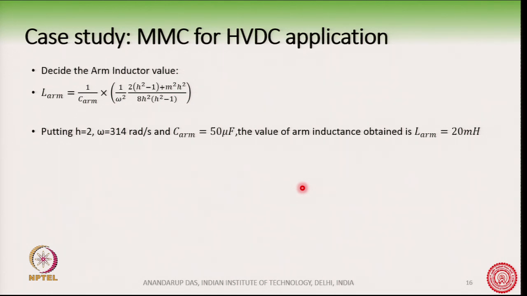So, this is how we design the arm inductance, we design the cell capacitance, we design the IGBT, or we can choose the devices. We have to also choose the diodes along with that, and the thyristors we can also choose, which can tolerate the fault condition.